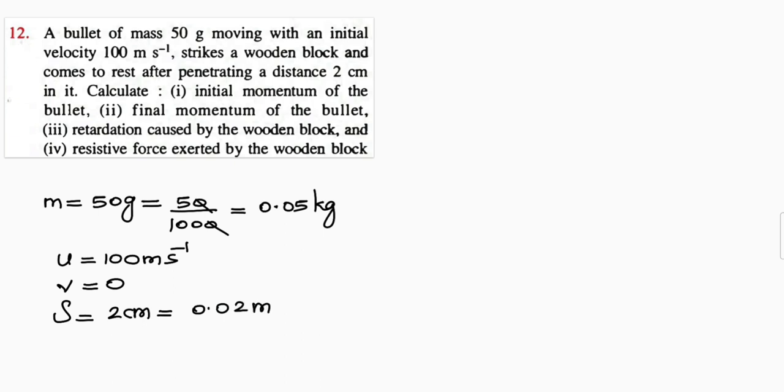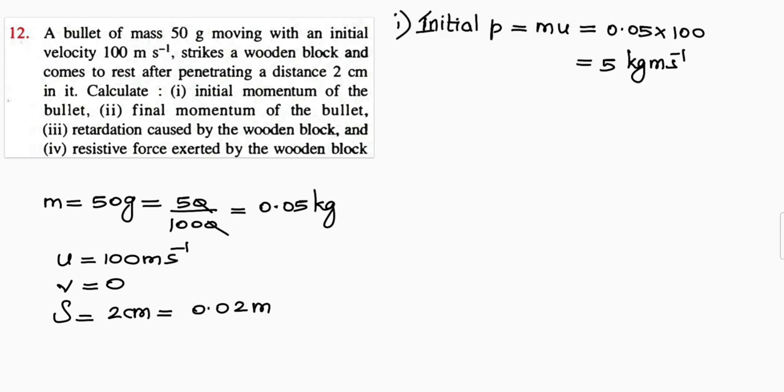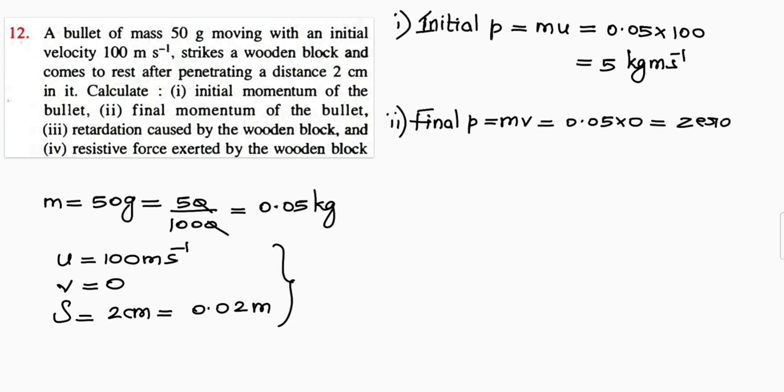Now step by step. First part, calculate the initial momentum. Initial momentum will be mass into initial velocity, that is 5 kilogram meters per second. Final momentum will be equal to mass into final velocity. Mass is 0.05, final velocity is 0, hence the answer is 0.